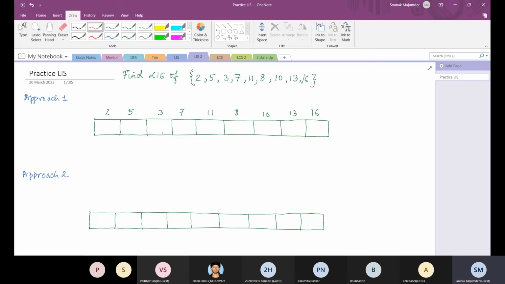So first element, obviously the base. So approach one, let's try it in O of n square. First element, obviously it is the separate case. We can always make the first element its separate LIS.